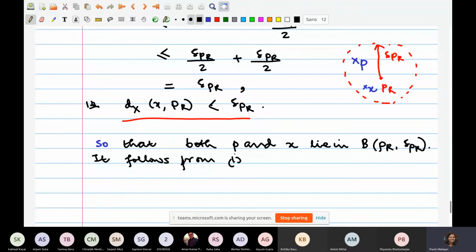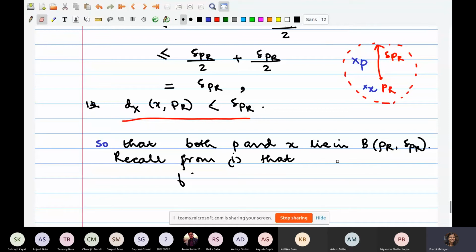So it follows from statement 1 that both Fp and Fx lie in... let me just write that. Let's just recall statement 1 here.